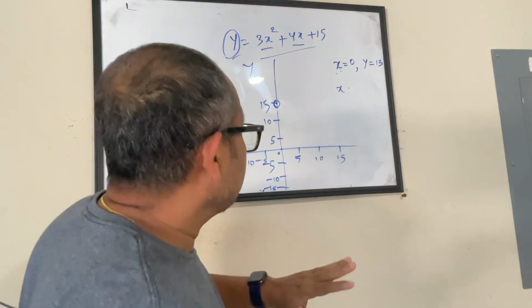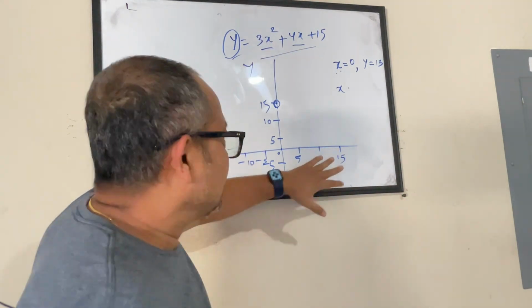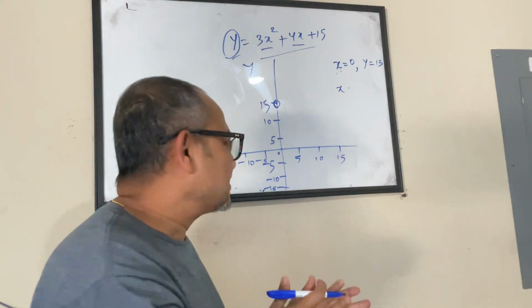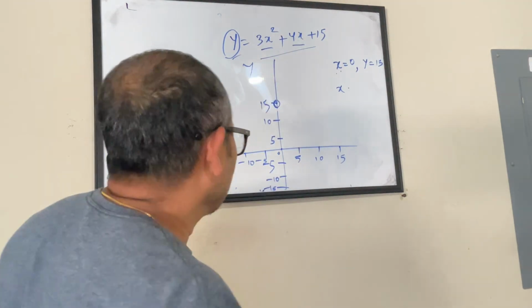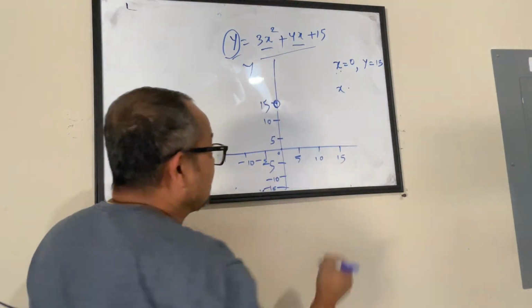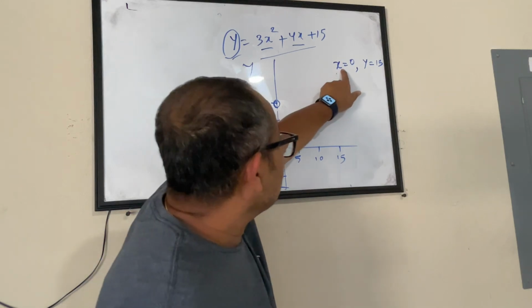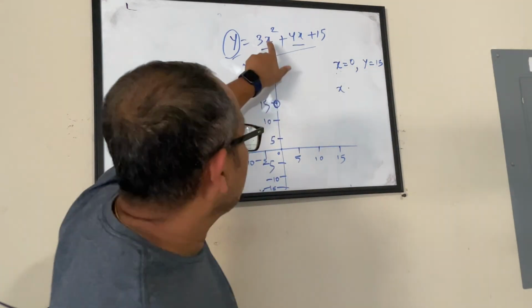If I get lost in solving this one, then probably the whole class will be gone solving this particular problem, but I'm trying to teach you guys the concept part of it. So when I said when x equals 0, it gave me a value of y as 15.